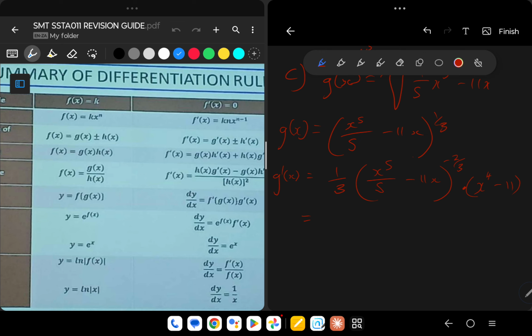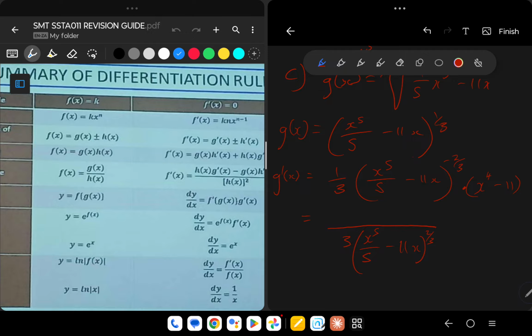So how are you gonna do that? We see that we have 1 over 3 something. Obviously the 3 is telling us that it is underneath, and then we have a negative exponent. This tells us that this also comes underneath, in the denominator, 5 minus 11x to the power of 2 over 3.